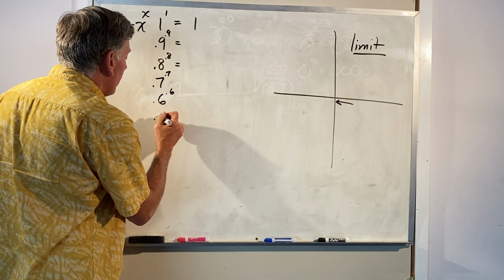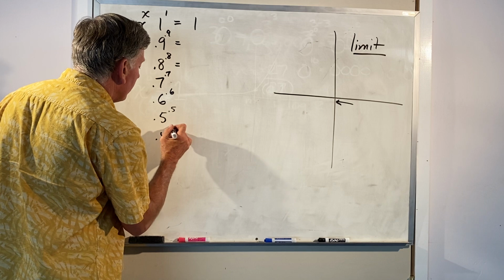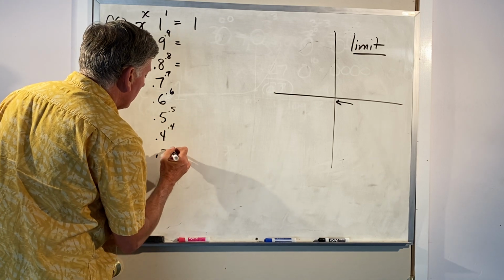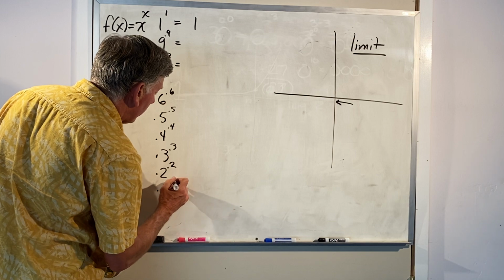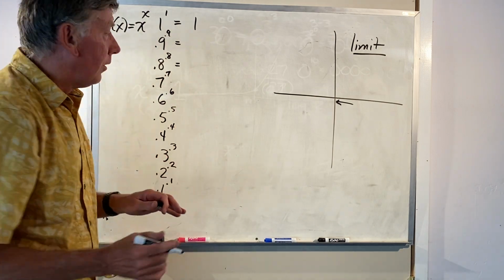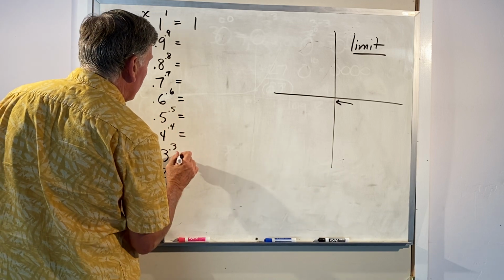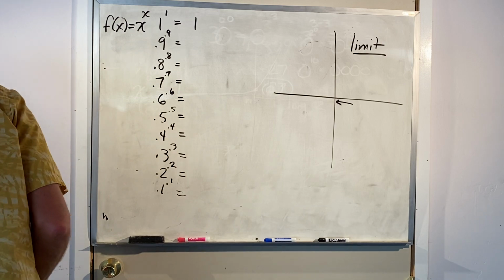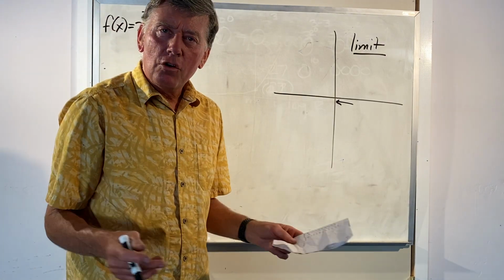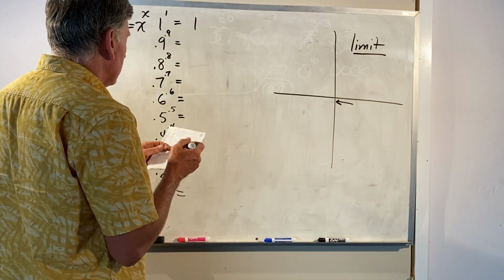So let's just keep going. 0.5 to the 0.5, 0.4 to the 0.4, 0.3 to the 0.3, 0.2 to the 0.2, 0.1 to the 0.1, and let's see what we get. Because my camera is my phone, I had to do this ahead of time. I've got these all here on my little cheat sheet.